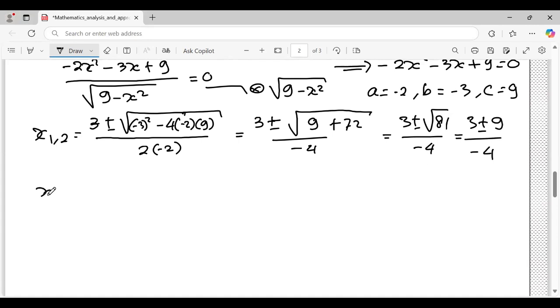So x1 is 3 plus 9 over minus 4. It is 12 over minus 4 and is minus 3.